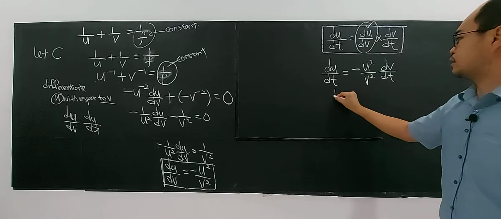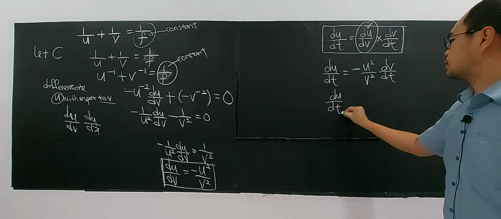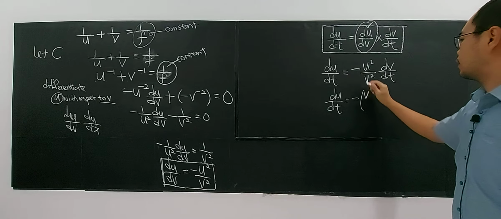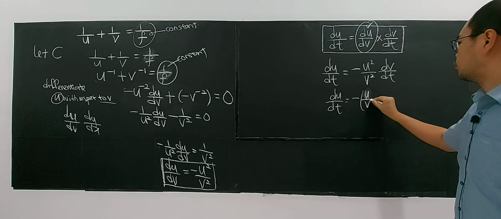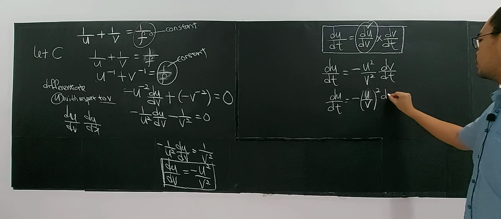If I write it nicely, du dt is the same as negative u over v squared dv dt.